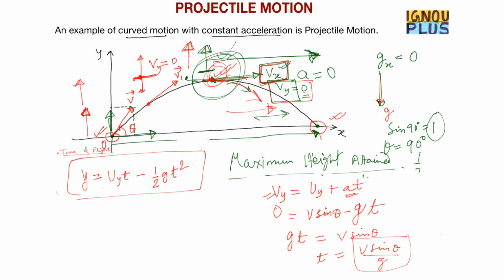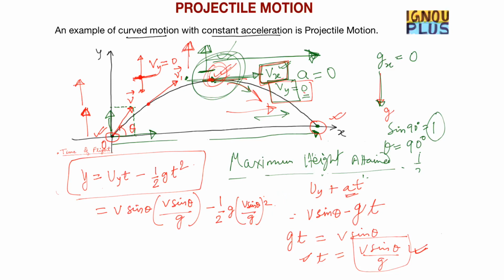We will just put the value of t, because this time is the time when it reaches the highest point. So simply we will put the values. uy is actually V sin theta, and our time is V sin theta by g. Then we have half g, V sin theta by g whole square.